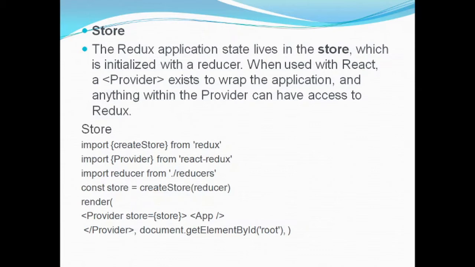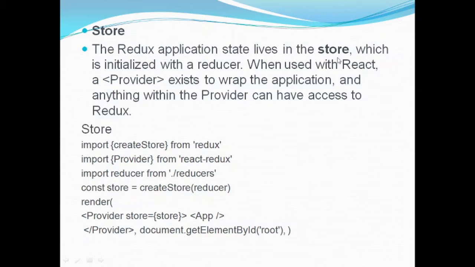And the next important component is called the store. Store is where the actual state of our application is getting managed. So whatever may be the size of your application, whatever the number of components present in your application, there will be a single store where the whole data can be managed.